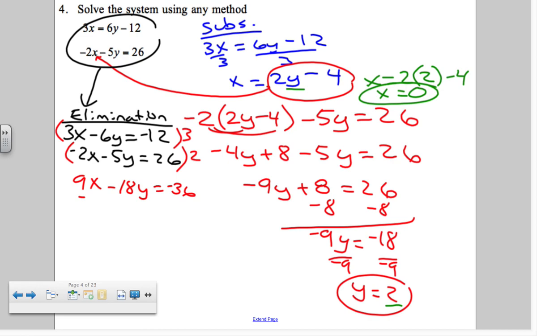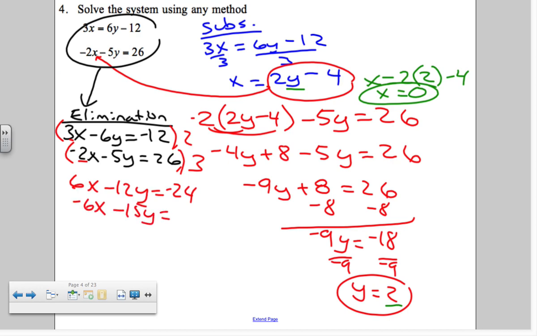I got that mixed around, don't I? You're getting the 2 and 3 here. So you get 6x minus 12y equals negative 24, and negative 6x minus 15y equals, what is that, 78?